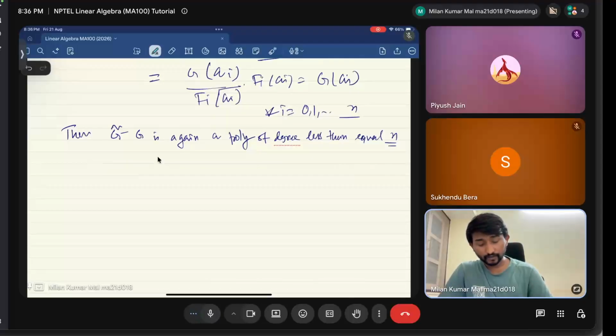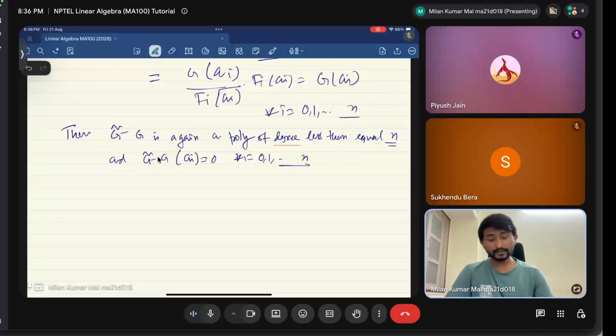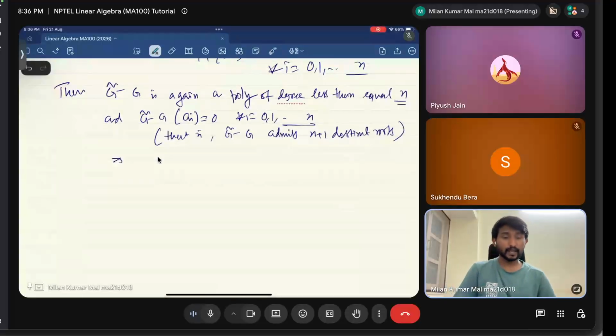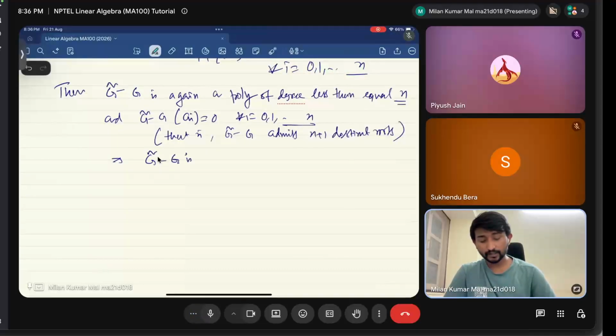And g tilde minus g at the point ai is equal to 0 for all i equal to 0, 1 to n, that means g tilde minus g admits n plus 1 distinct roots. So this polynomial g tilde minus g has to be the 0 polynomial.